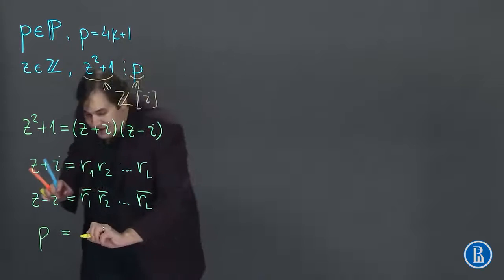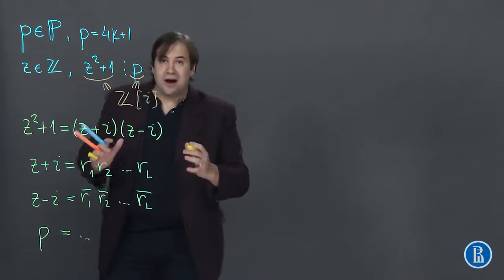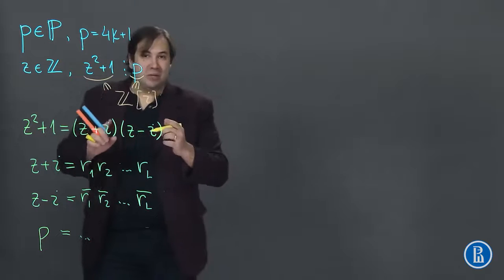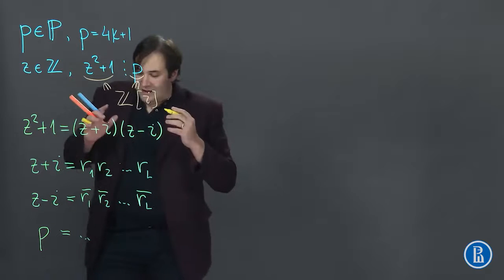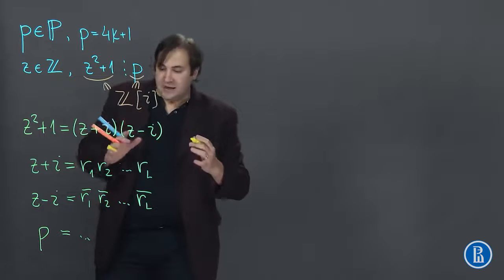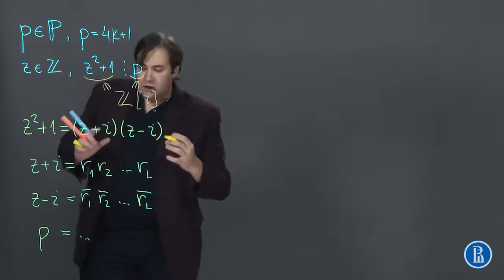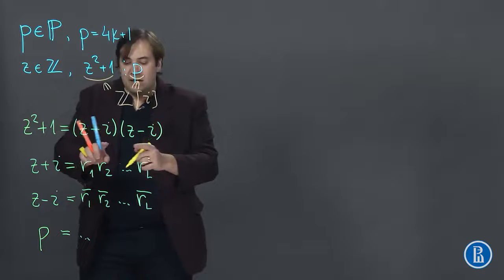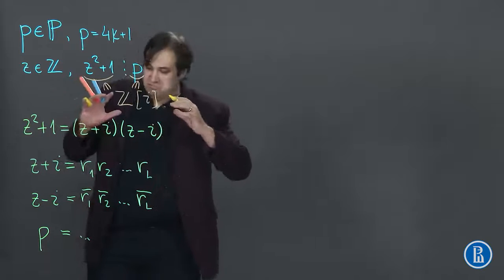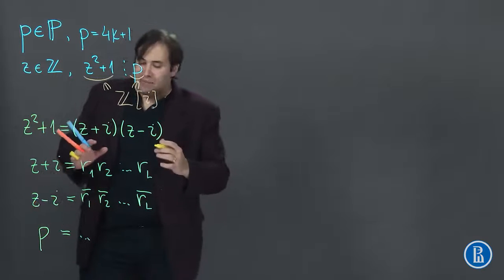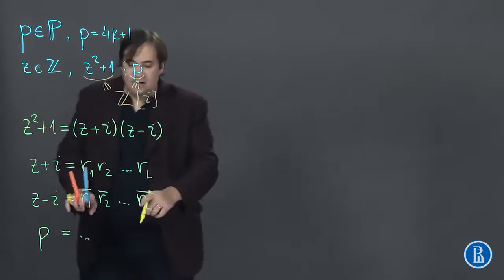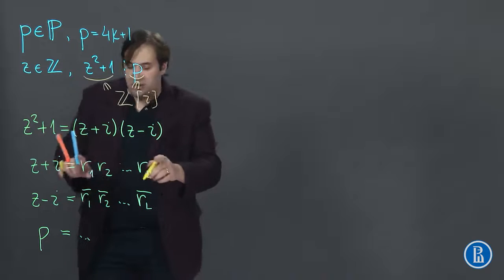But this means that p is not prime in complex integers. And this is really interesting and really important. Well, p is not prime. We will not find p or any of its associated elements within the set of these r's, of these primes.